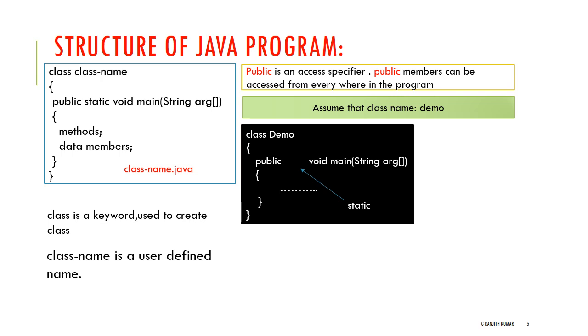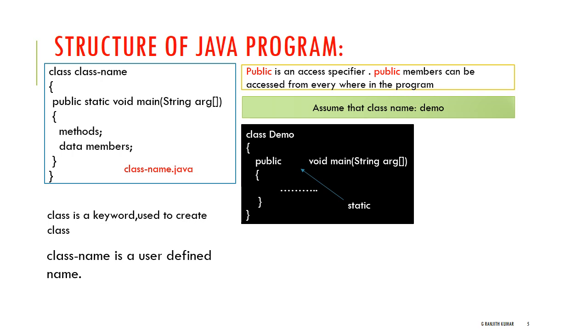As far as this class is concerned, here we have only the class name, but no object name, so we cannot call it by using an object name. As of now we have only the class name, so the main method is going to be called by using the class name demo. Since it is called by using the class name, it must be static, not instance.